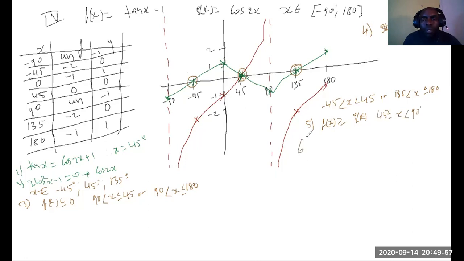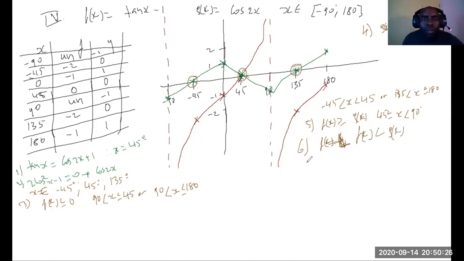We go to question 6. What's question 6? We have where f of x is less than g of x. We want this one to be less.